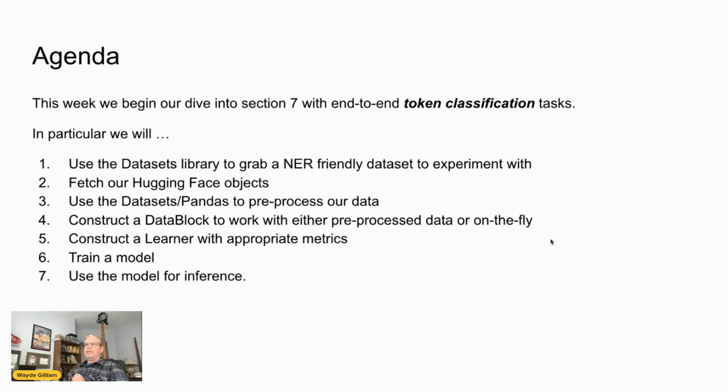This week, we're going to go through an end-to-end example of training a token classification model, in particular a named entity recognition model, with fastai and blurr. These are steps that we follow for just about every task. First is getting a dataset that we can use for the task. Second, we fetch our Hugging Face objects. Third, optional preprocessing we can do with the datasets library or with pandas.